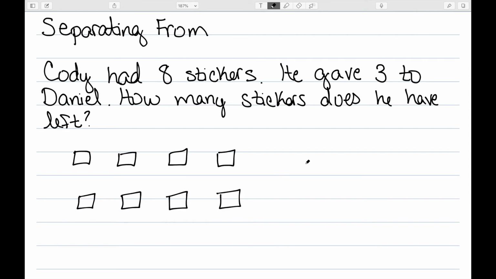And then we know he gave 3 to Daniel. So the idea is to actually take away 3 of these. So we're going to remove 1, 2, 3. And then from there we count how many we have left. 1, 2, 3, 4, 5. So the solution is 5.